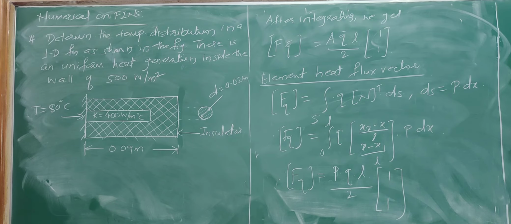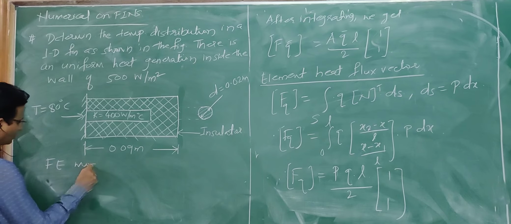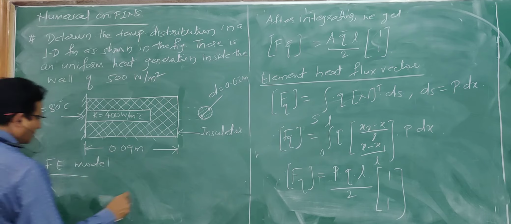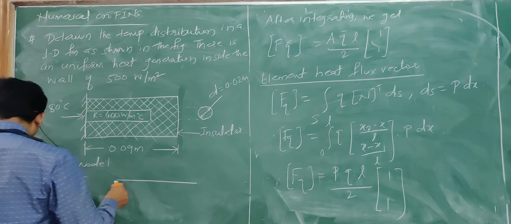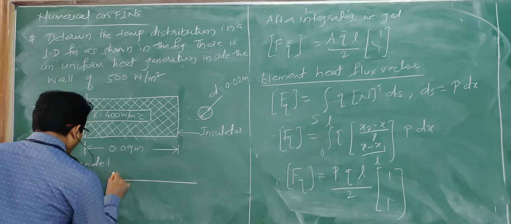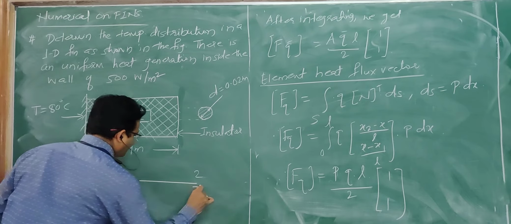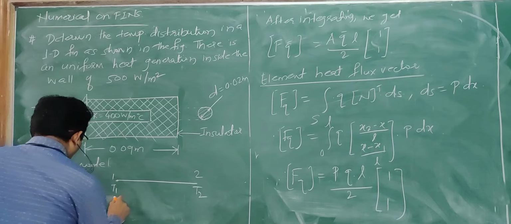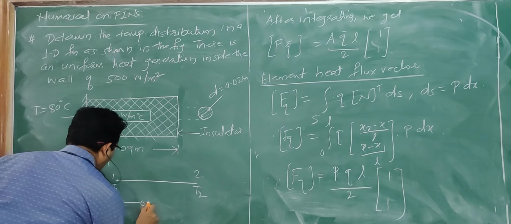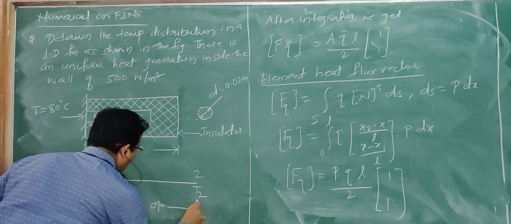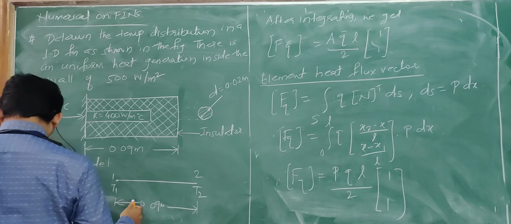So when I convert this into a finite element model, the FE model will be a single line element. I'll write this will be my node 1, this is my node 2, so T1, T2, and the length is given as 0.09. Okay.